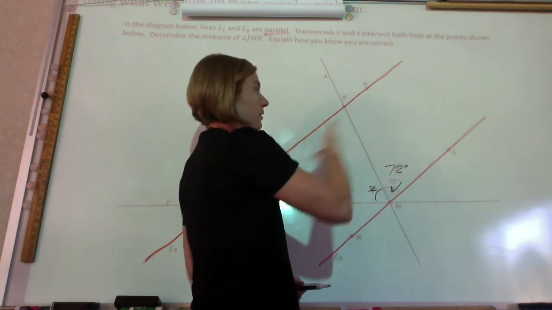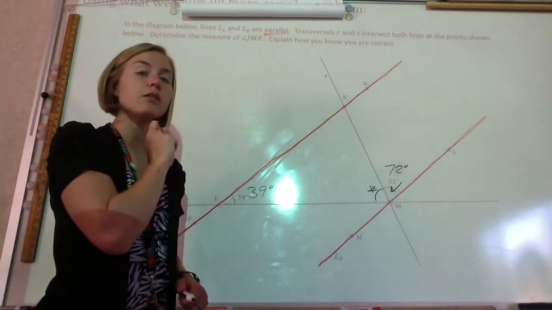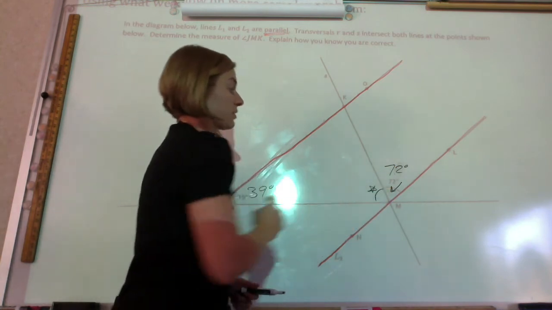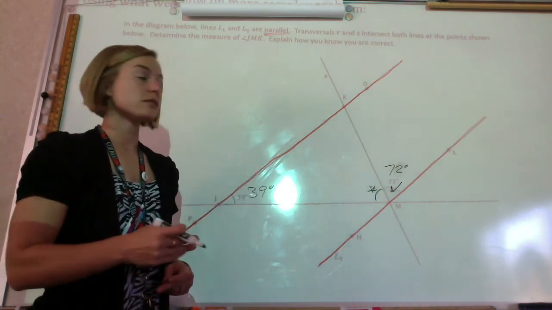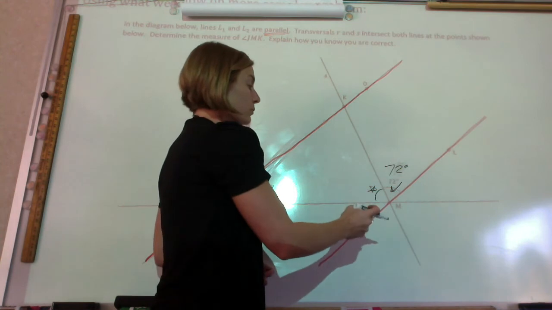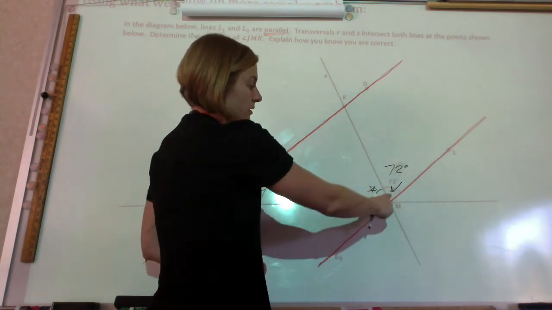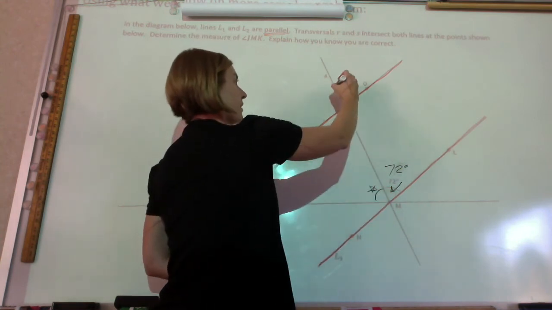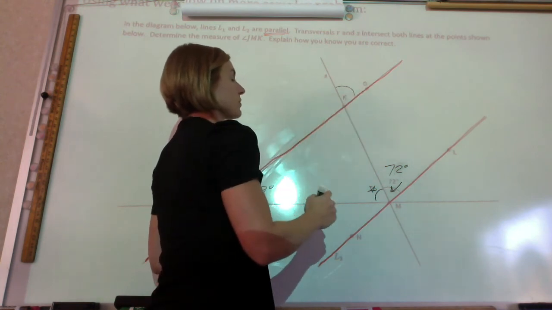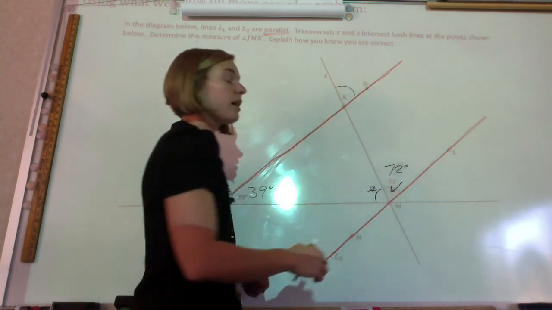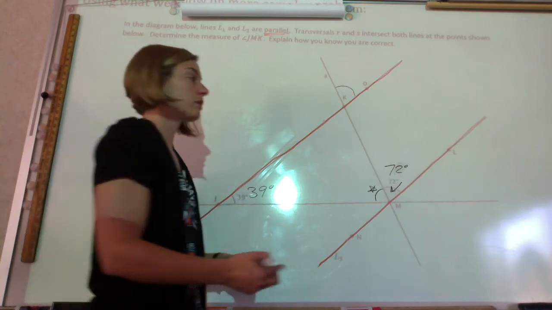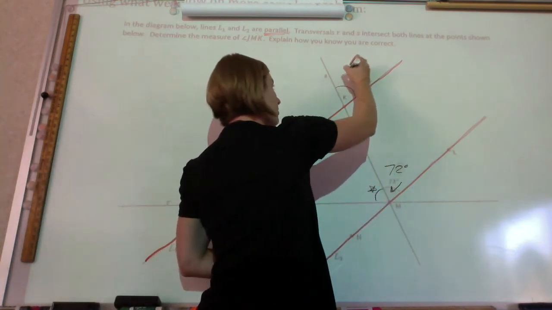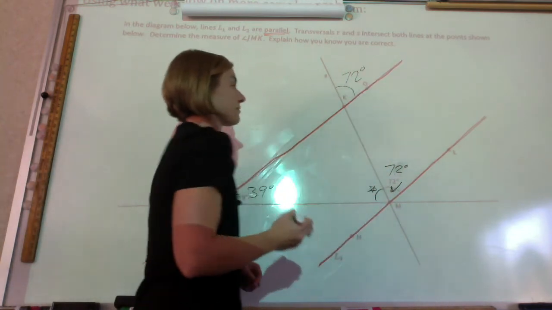But because there are parallel lines going on, we know some other angles that are also going to be 72. Because of our rules with parallel lines, this angle is going to be the same as this angle, because they're corresponding angles. So from there, we know that this angle is also 72 degrees.